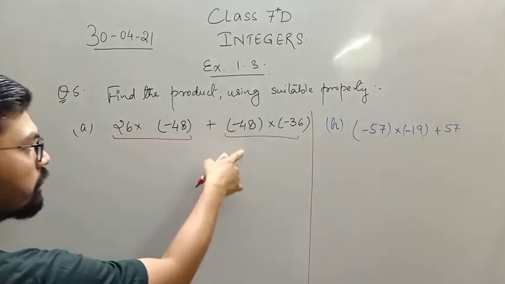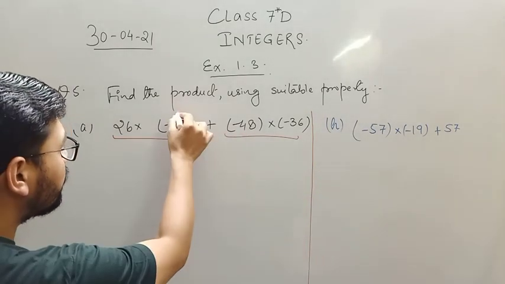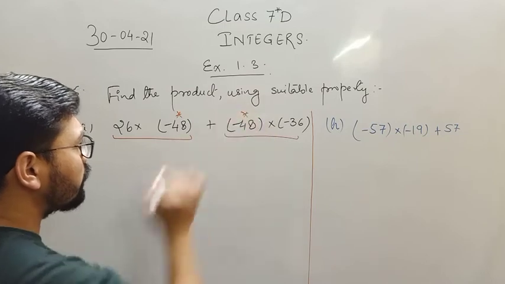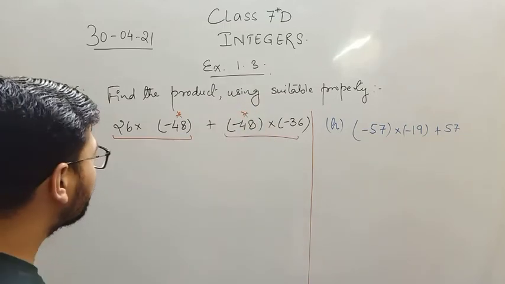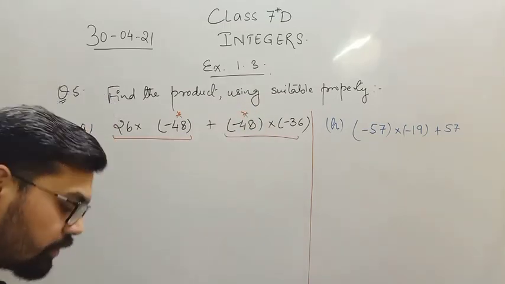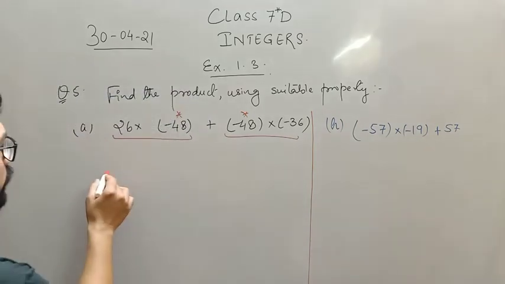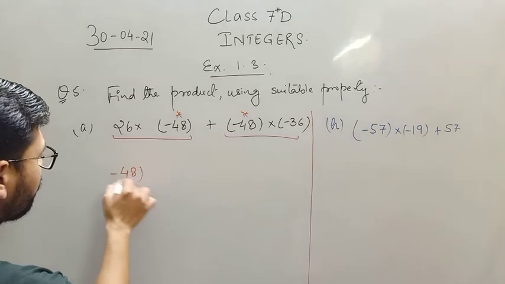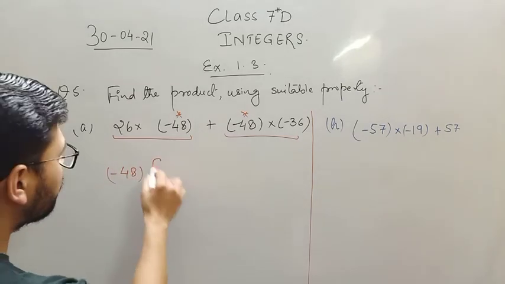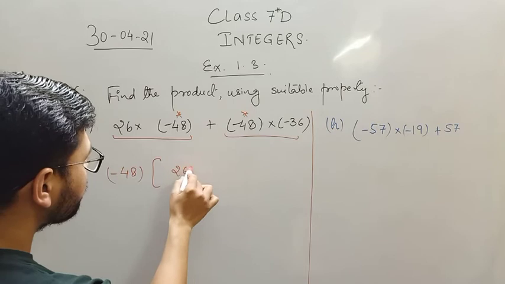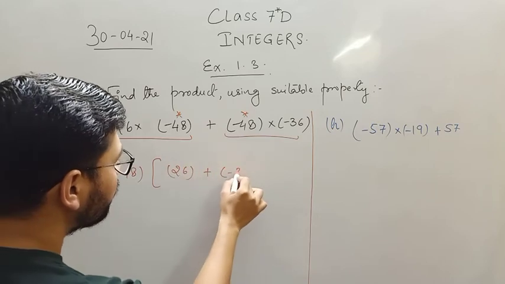I have two terms where I can see that minus 48 is common, right? So I can take minus 48 common from these two terms. What I'll get in the bracket is 26 plus minus 36.